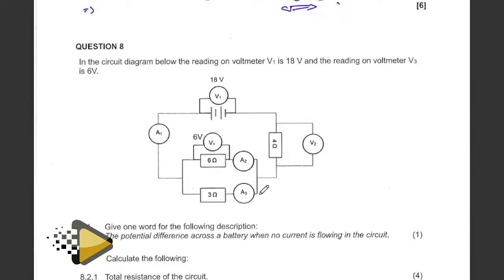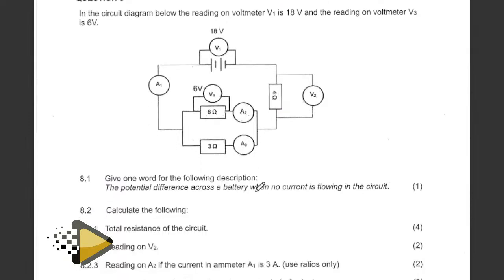Question 8. In the circuit diagram below, the reading of the voltmeter V1 is 18, and the reading on V3 is 6. Where is V3? Do we have a V3 here?